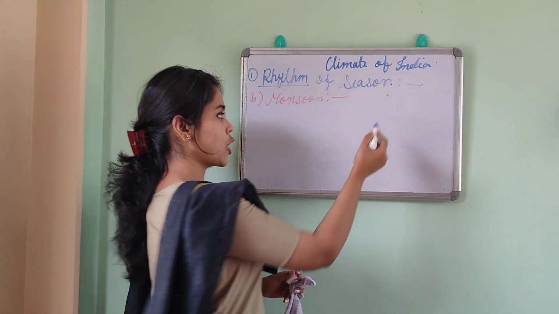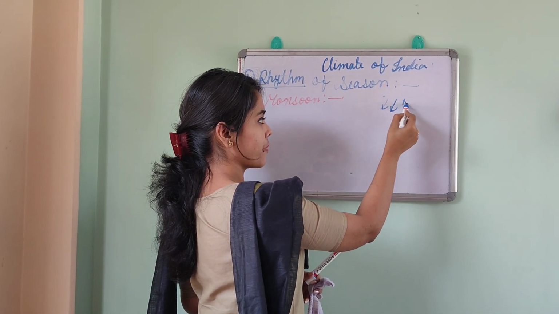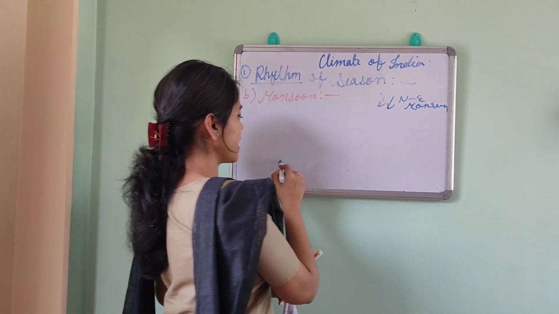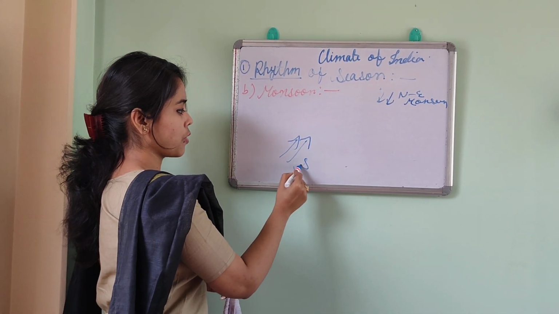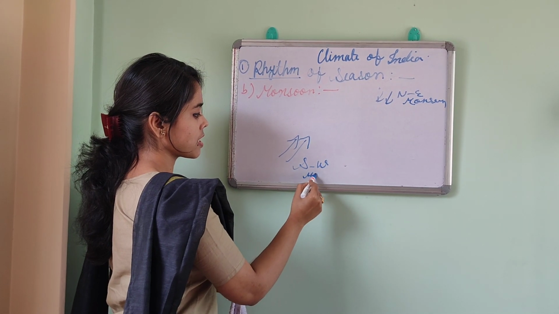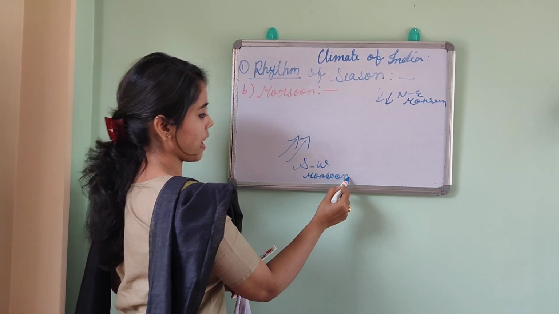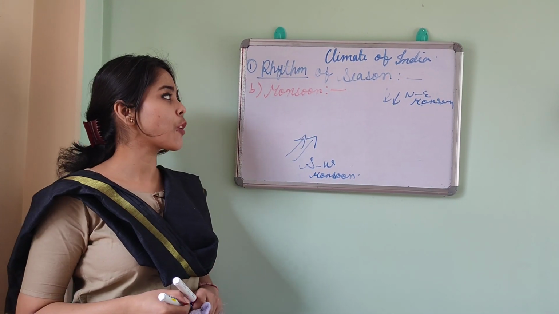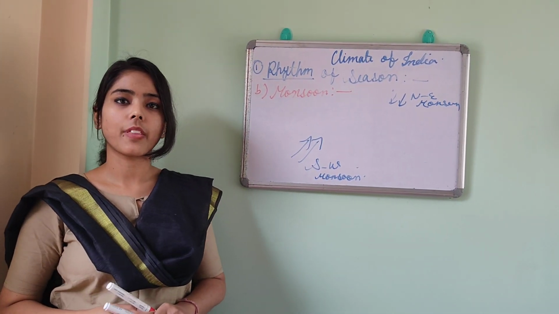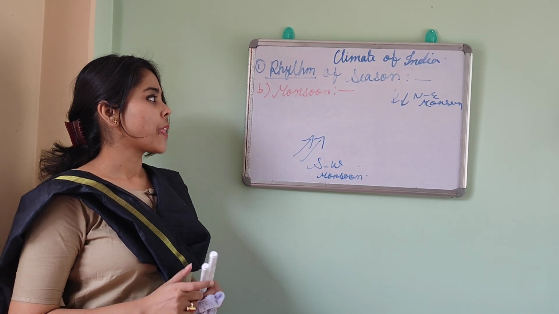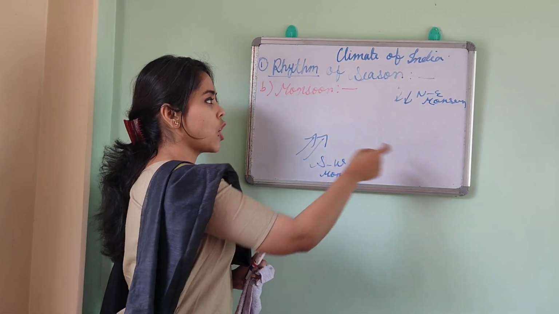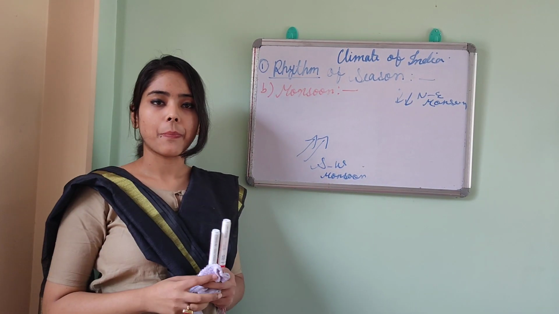One is the northeast monsoon, another is the southwest monsoon, which blows from the southwestern part. So two types of monsoon play an important role over India. Now you have to understand which monsoon works when.